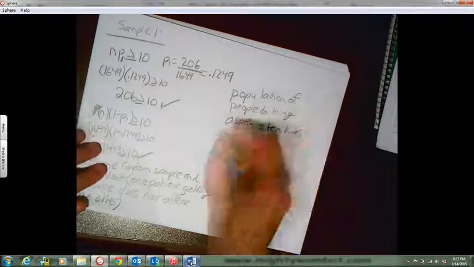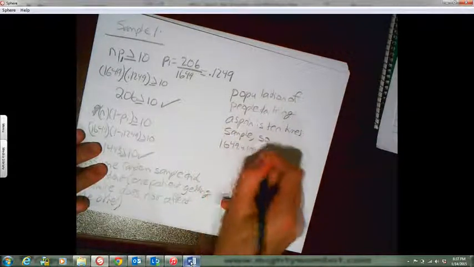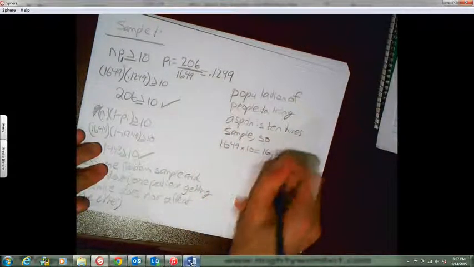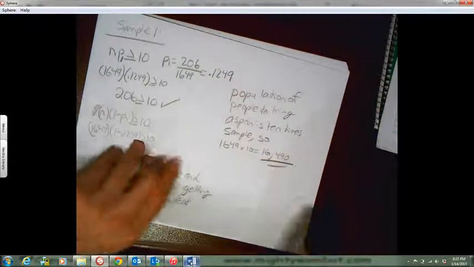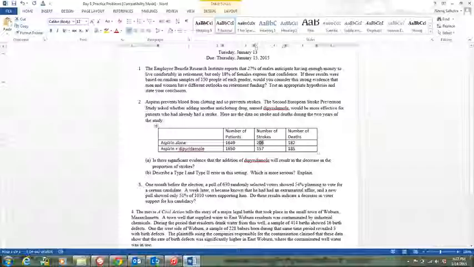So 1649 times 10 is 16,490. That's sample 1. Now we do the same conditions for sample 2. First, let's find P2. So P2 is the probability of getting a stroke with sample 2. So 157 divided by 1650.